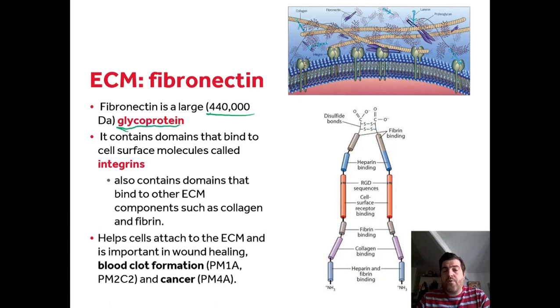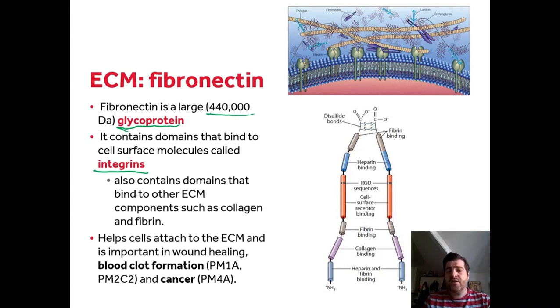Now, what's so special about fibronectin is that as part of this huge molecule, it contains lots of different domains which bind to surface molecules called integrins. I've already mentioned integrins briefly, but they're expressed on the cell surface and help the cells integrate with the extracellular matrix.